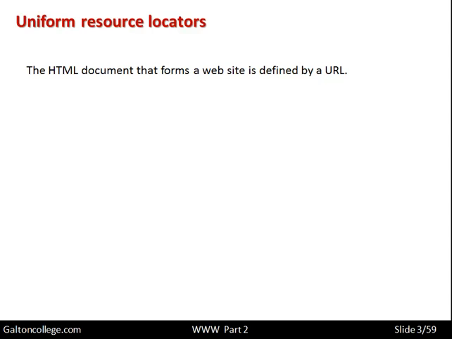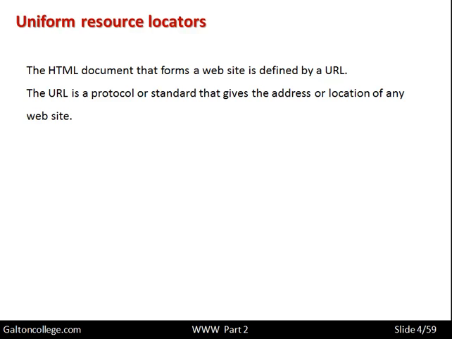The URL is how we find that page. The URL is a protocol or standard that gives the address or location of any website. So we find our way around by URLs. URLs are the way we locate information on the internet.